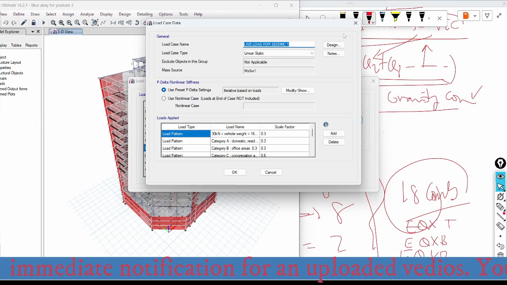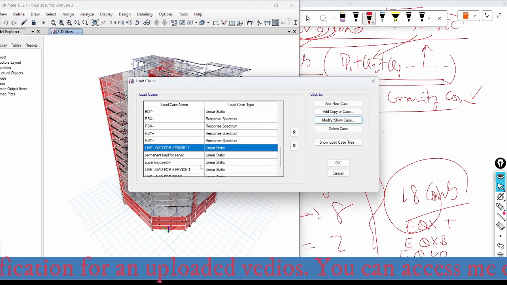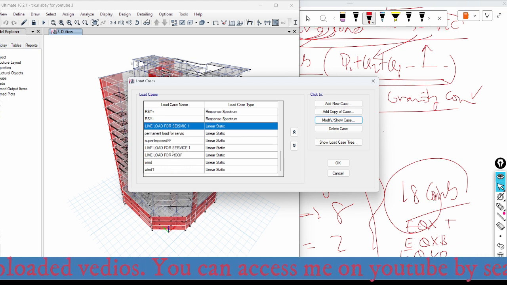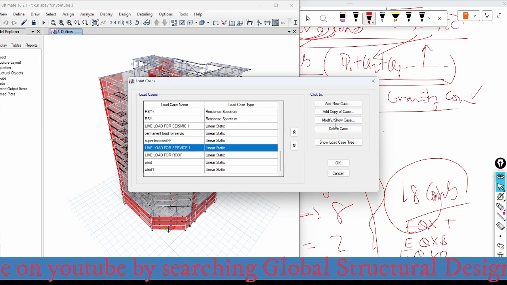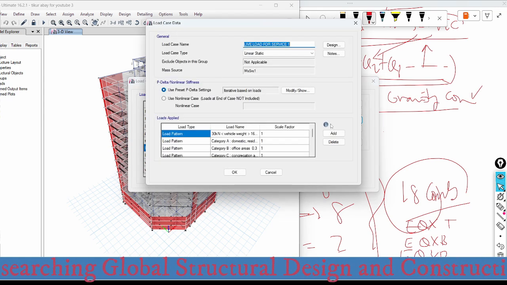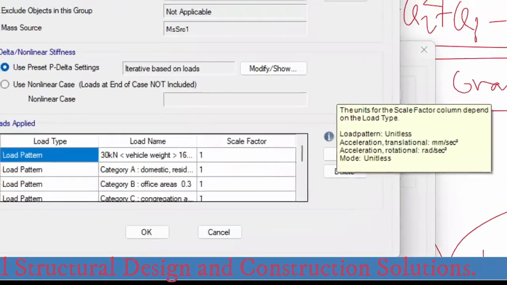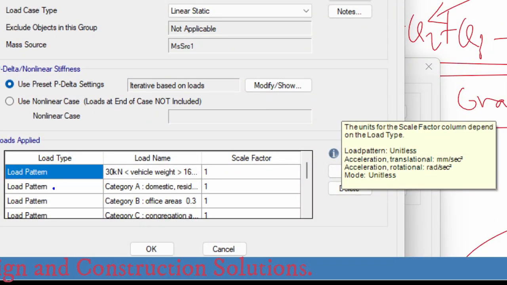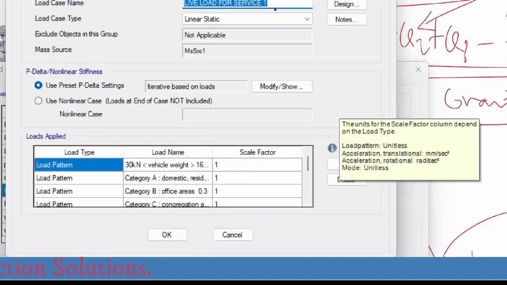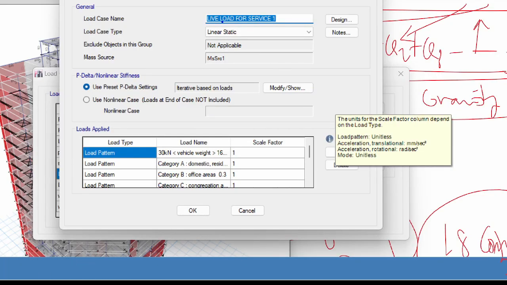And the other is the live load for service one. This is also the summation of variable load for service. So here we should not use the reduction factor.